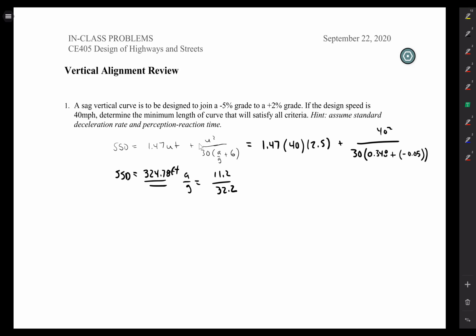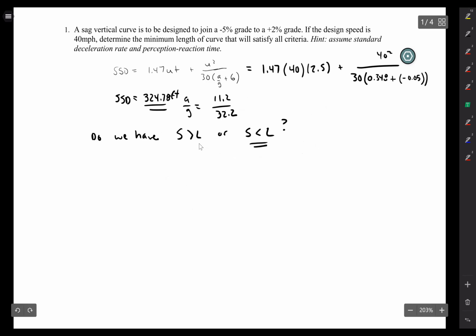So the next step is to figure out whether we have the case where S is greater than L or S is less than L. Like I said, we're going to try stopping sight distance less than L. If we were smart, I'll do the opposite in this case just to illustrate how to deal with it if we pick the wrong one first.